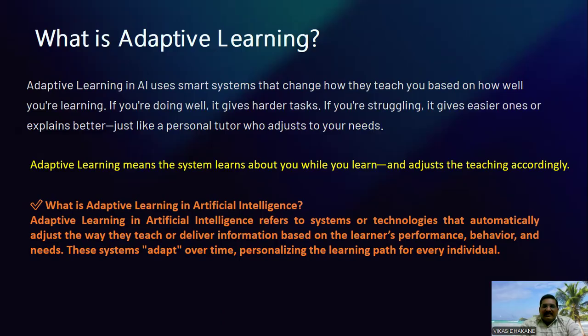If you are learning in a better way, the system will give you a tougher task. If you are struggling to learn, the system will give you a simpler task. And accordingly, this AI model adjusts itself and the teaching-learning process goes on.